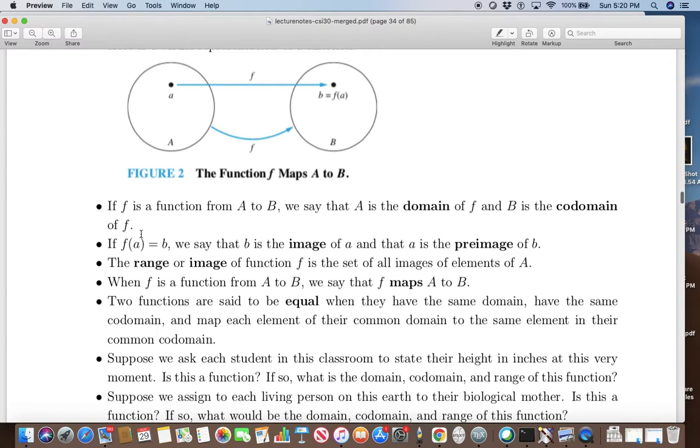If f(a) = b, we say that b is the image of a and that a is the pre-image of b. The range or image of function f is the set of all images of elements of A. When f is a function from A to B, we say that f maps A to B.